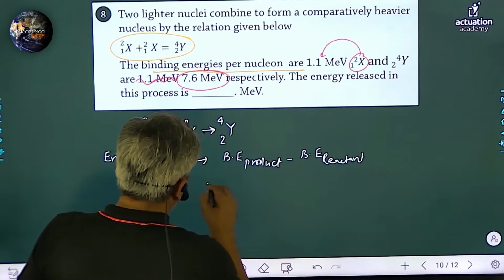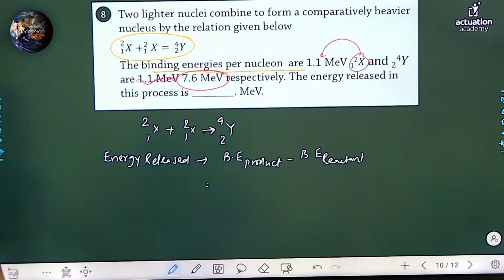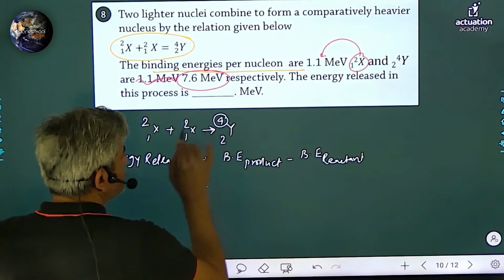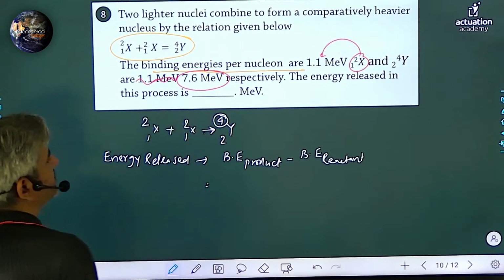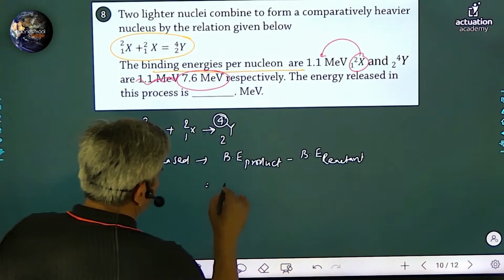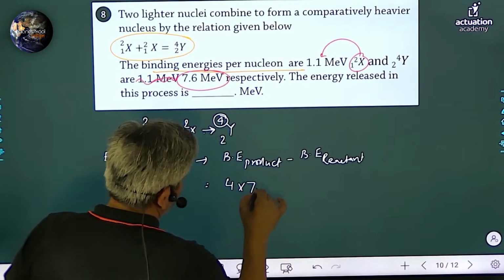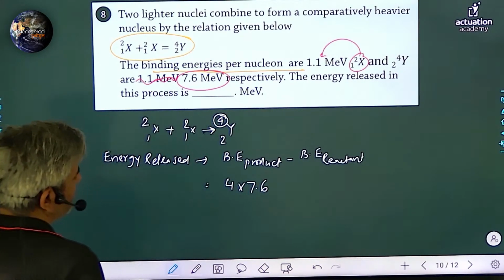Now, on the product side, we have 4 nucleons and binding energy per nucleon is 7.6 mega electron volts. So simply we can write 4 into 7.6.